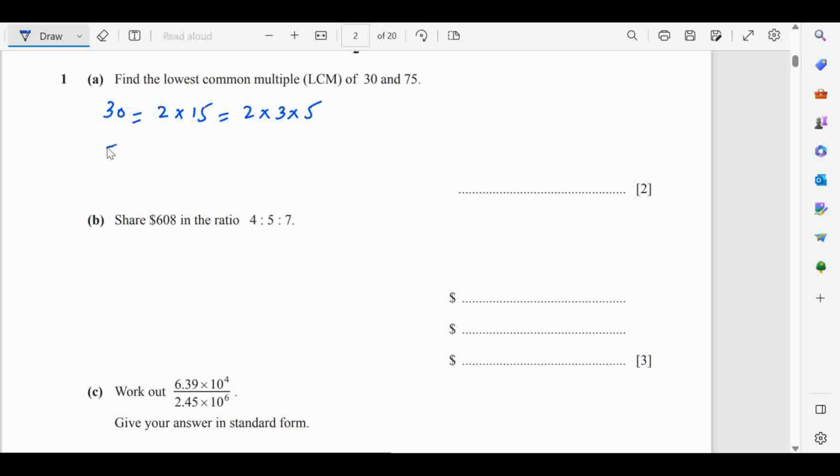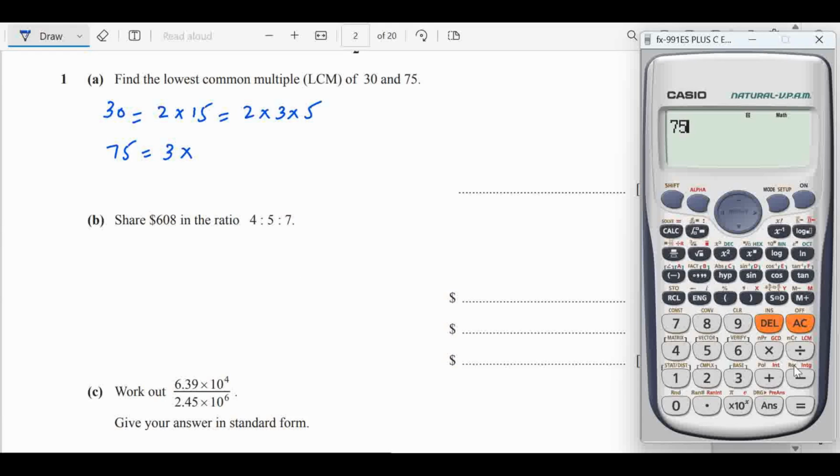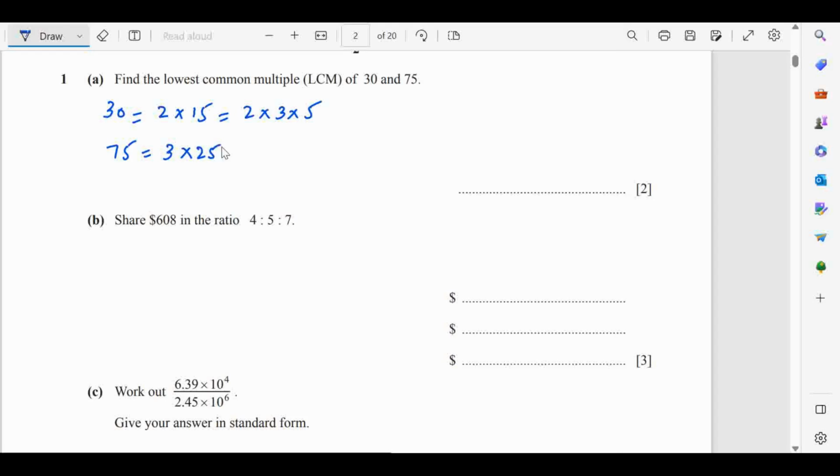Similarly, we can write 75 as 3 multiplied by 25, since 75 divided by 3 is 25. So further, we can write it as 3 multiplied by 5 multiplied by 5.